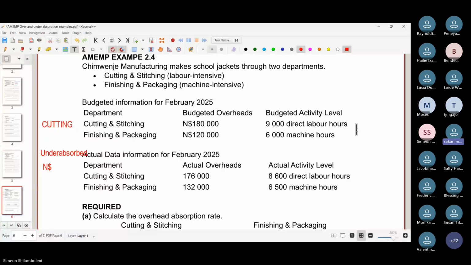Both are under absorbed. Okay, we all got under absorbed. Can I get the amount?